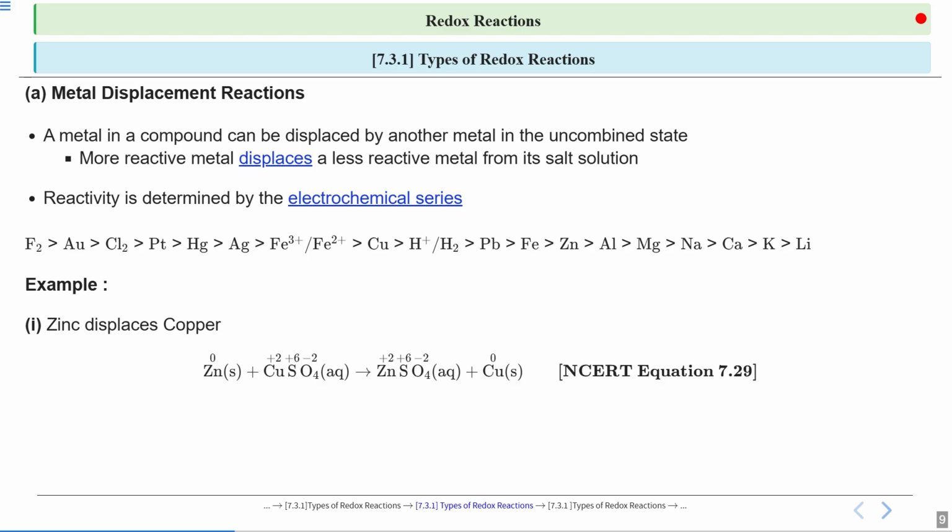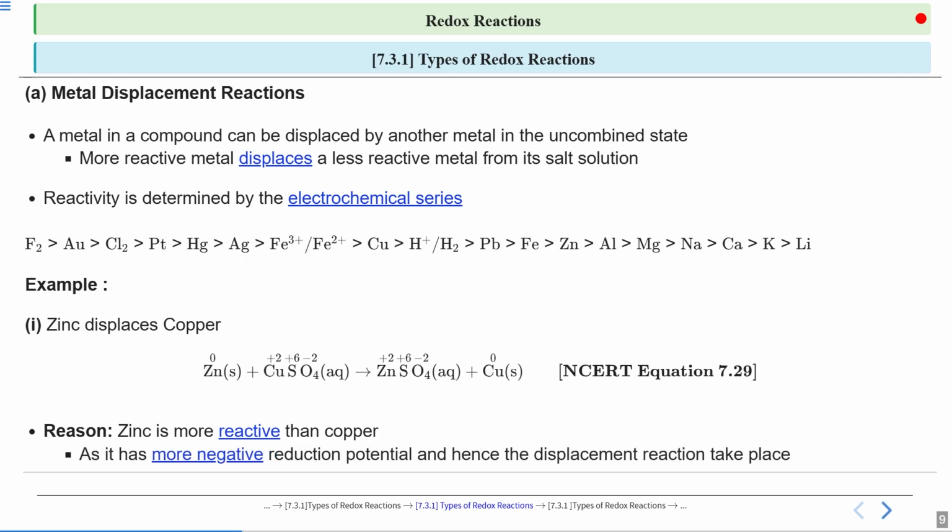That means zinc, which was present in zero oxidation state in the reactant, is now converted into +2 oxidation state, while copper has gone from +2 to 0, while sulfur has the same oxidation state +6 and oxygen has -2. So what has happened over here? Zinc has taken the place of copper. And why is it so? Zinc has replaced copper because zinc is more reactive than copper, and it has more negative reduction potential, and hence the displacement reaction will take place.